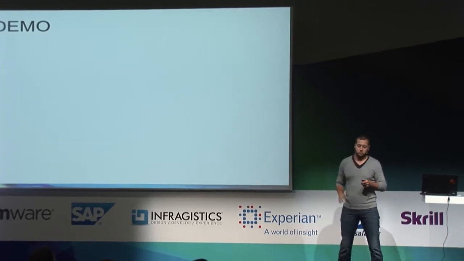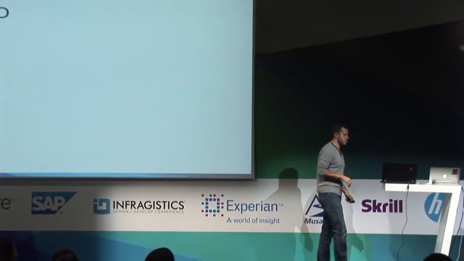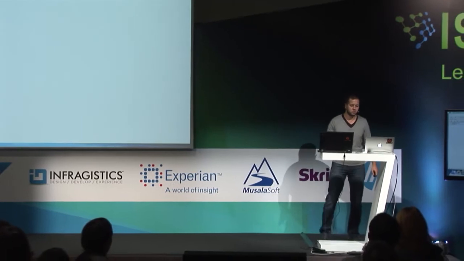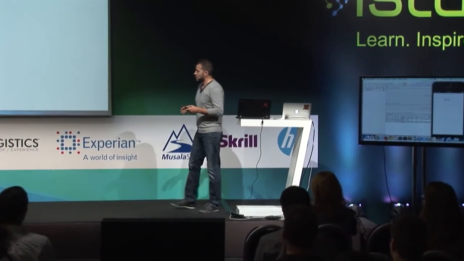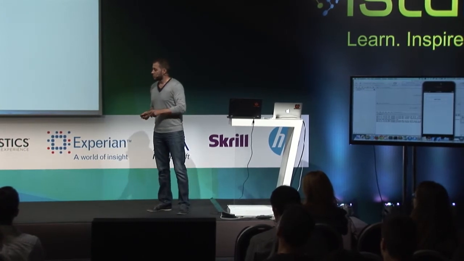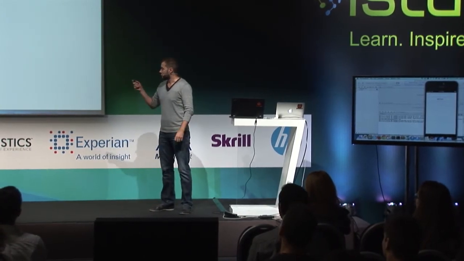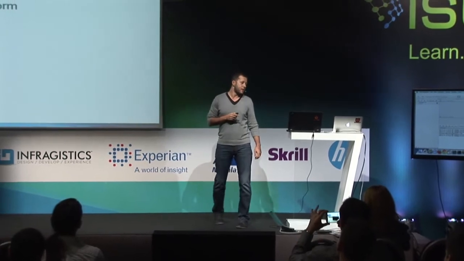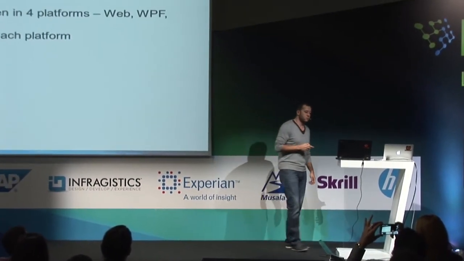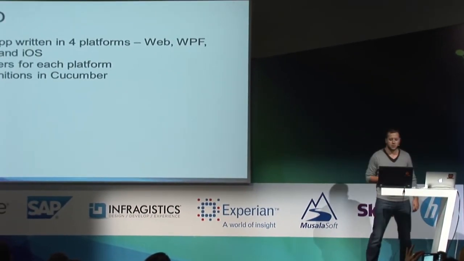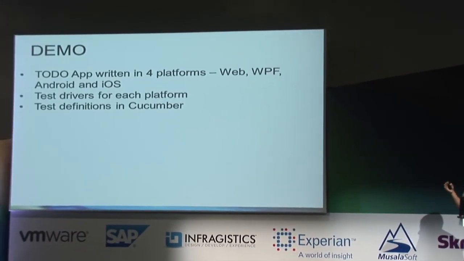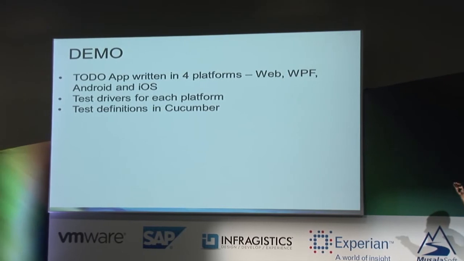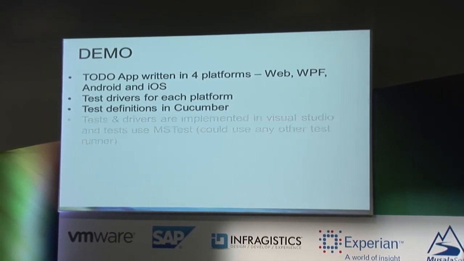Now I'm going to show you running code as part of my demo. I'm also going to give you an overview of how those drivers are actually implemented. I have a to-do app written on 4 different platforms. I have test drivers written for all those 4 platforms. Test definitions are written in Cucumber, so I have a simple to-do add task scenario implemented.